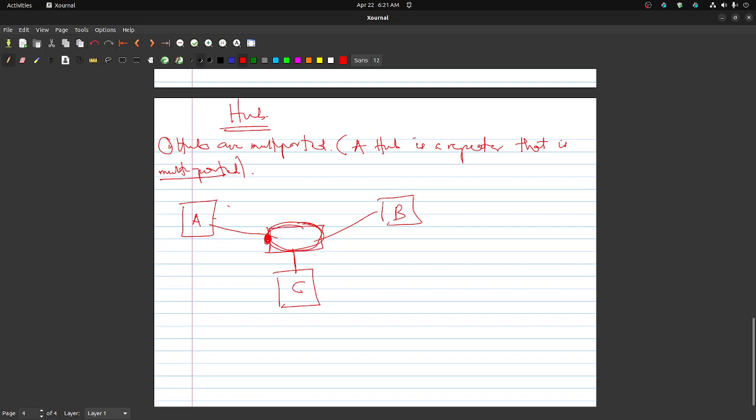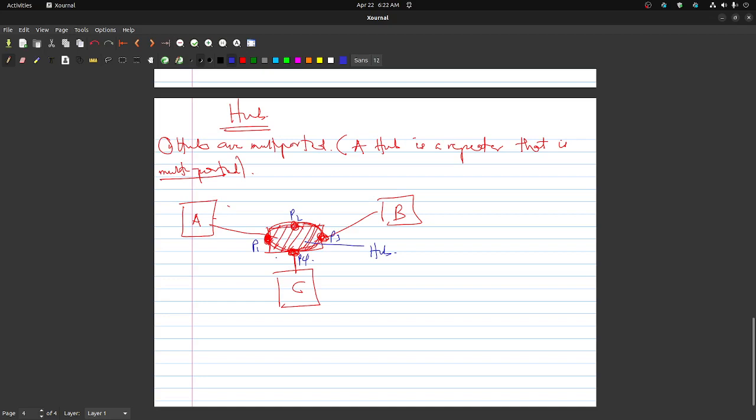You have this port here, this port here, and another port here. It depends on the type of hub we are dealing with. All these computers are connected to this hub. There are different ports on this hub: the first port P1, P2, P3, and P4. So you have 4 ports on this hub, and they are all connected.